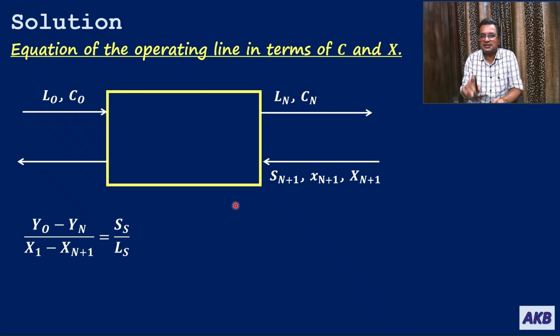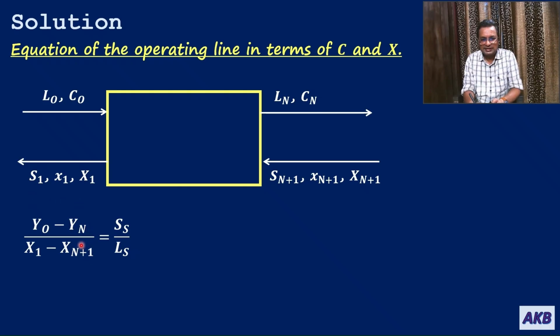What is capital Cn? Capital Cn is concentration of water on water free basis. C0 is concentration of water on water free basis. And for the adsorbent phase, it will remain as it is.